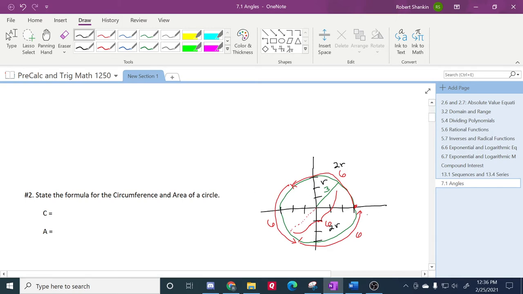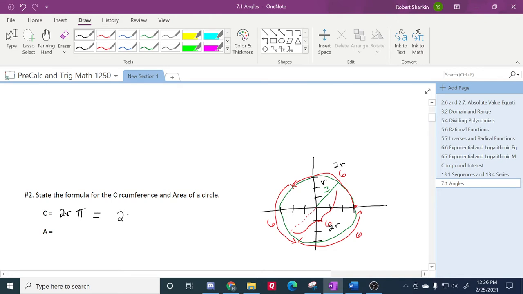You get almost around. You go 3 times around, you need 0.14 more. You need 2r times pi. 2r is the diameter times pi. But we usually don't see it that way.